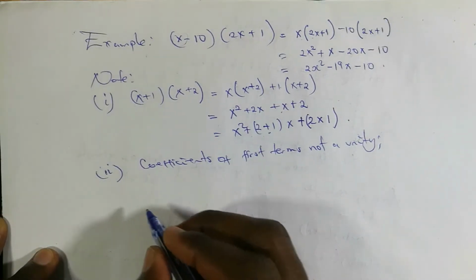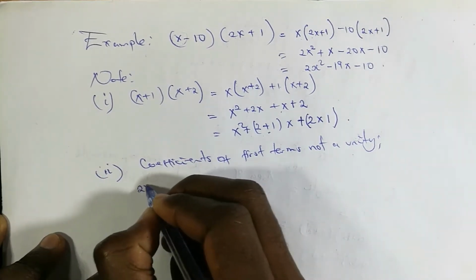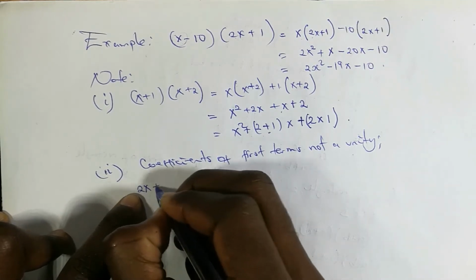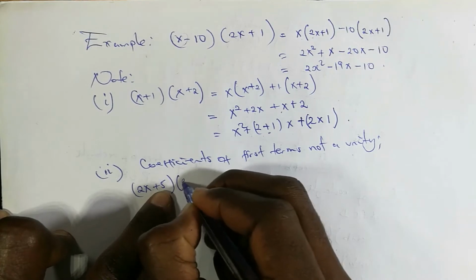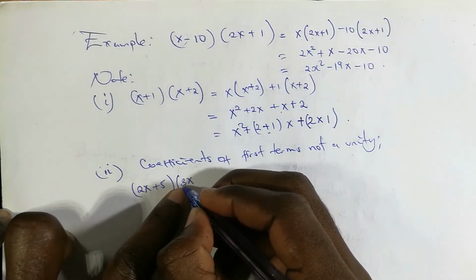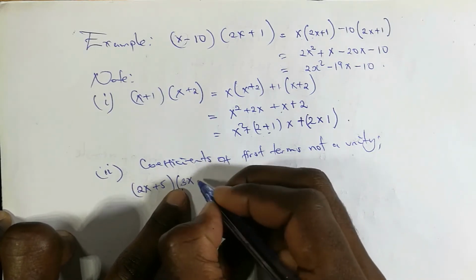We look at an example. Let's say 2x, seeing that in this first term the coefficient is 2, plus 5, applying the second term with 3x, where the coefficient of x here is 3, in the second expression 3x plus 2.